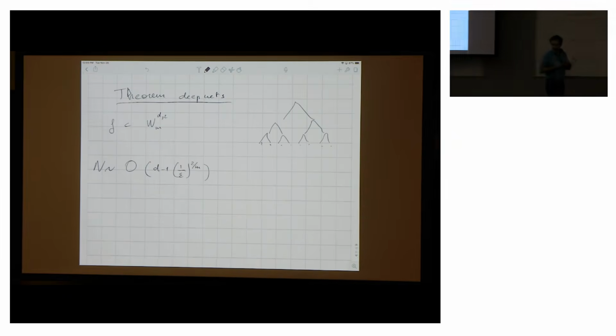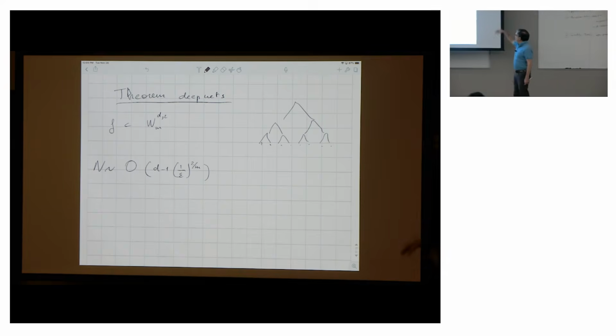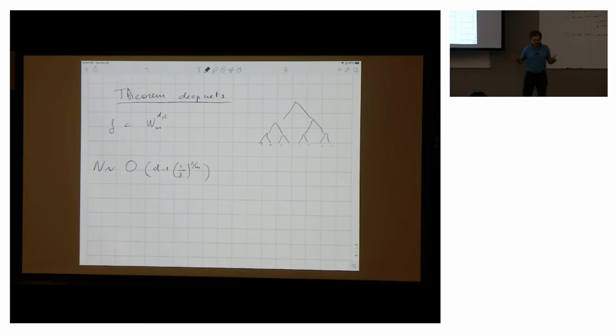That I know from the previous classical theorem. So when I add all of these units together, I get this. That's the basic story.